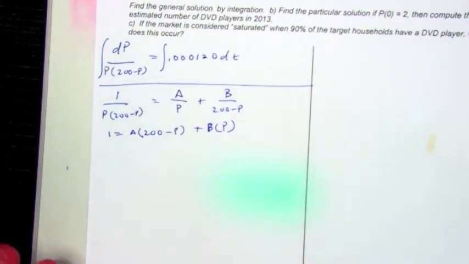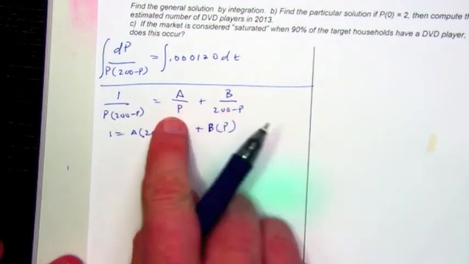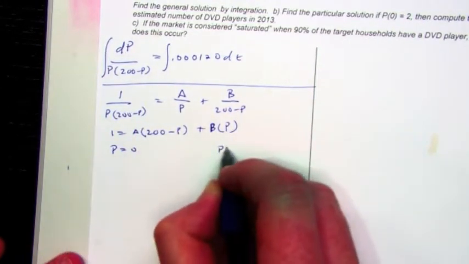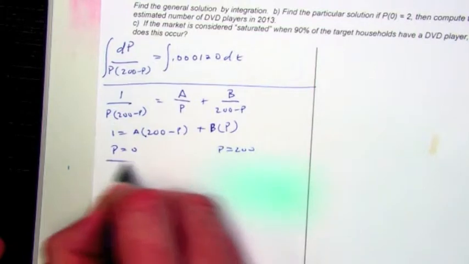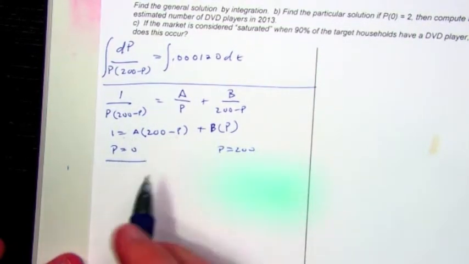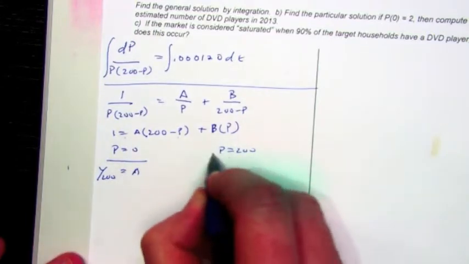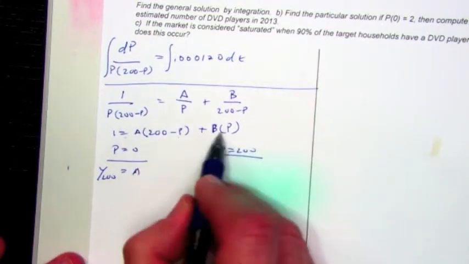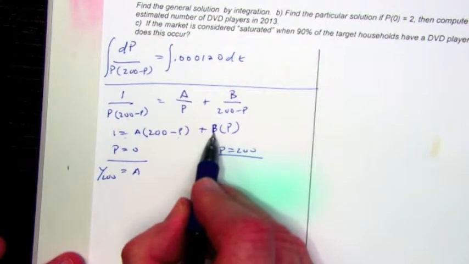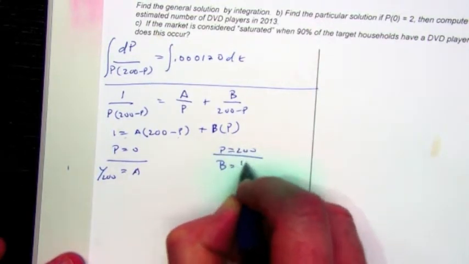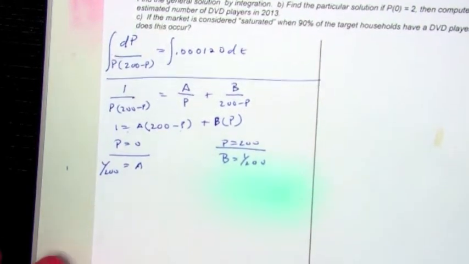So I have some convenient values I'm going to use. It's really where this is undefined, and that's going to be when P is 0 and when P is 200. So when P is 0, then I get A is equal to 1 over 200. When P is 200, this is gone, and I get 1 is equal to 200B, or B is also equal to 1 over 200. Okay?